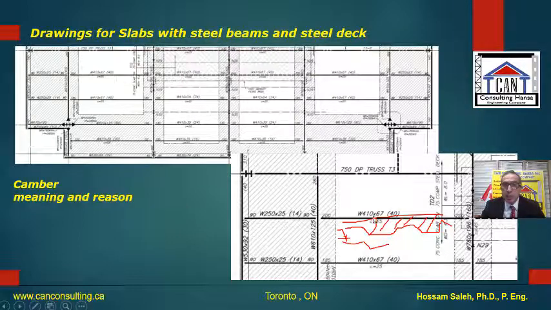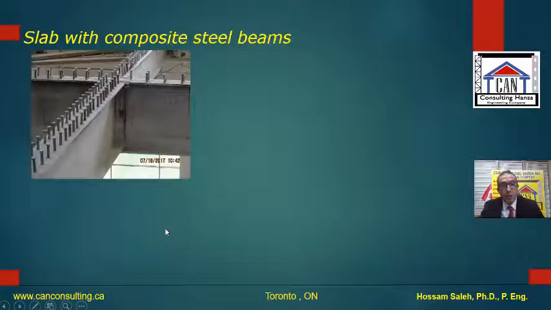So we know the reaction, we know the beam, we know the camber, and here is the number of steel studs, which I will speak about. The steel studs are here, as you can see, and they create the composite action between the steel beam and the concrete at the top.